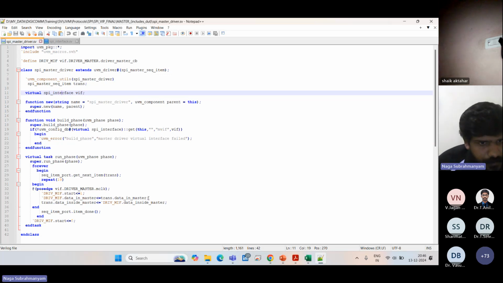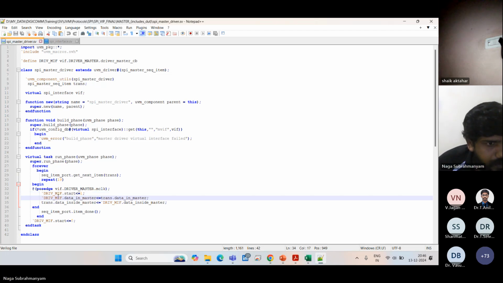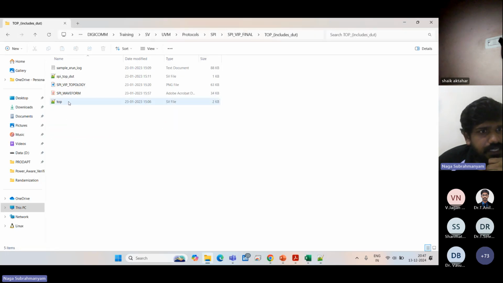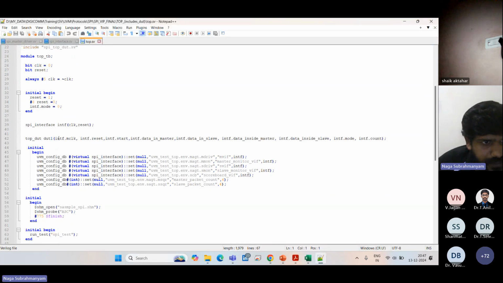See, sir, here I am putting my own data on the interface. This interface will pump the data into the DUT like this. See here, I connected my interface signals to the design.